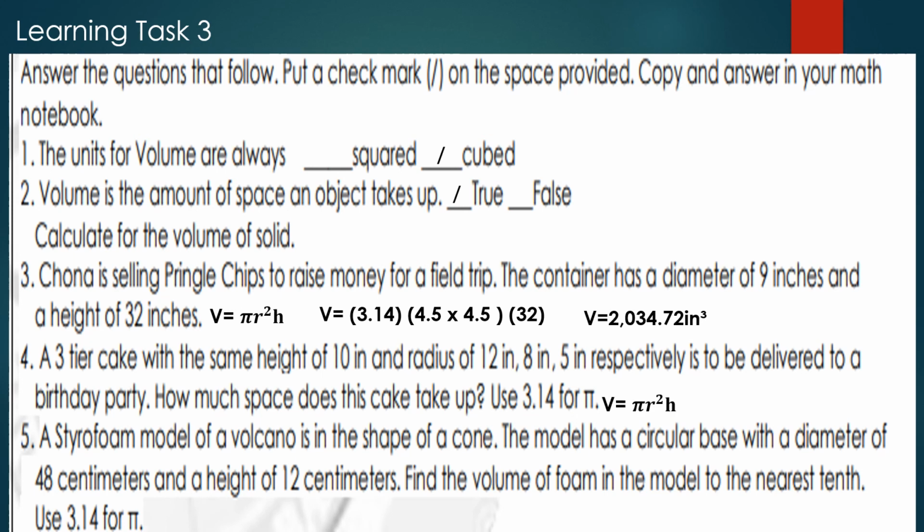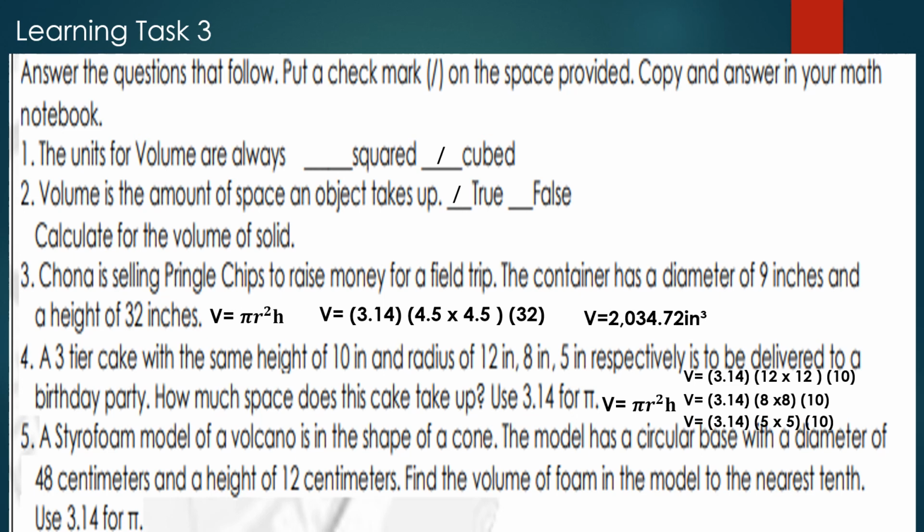So, ang formula natin ng cylinder is pi r square times the height. Ang gagawin ninyo, mumultiply ninyo 3.14. Yung unang layer ay 12 times 12 times 10, kasi 12 ang kanyang radius. Sa ikalawang layer, 3.14, 8 times 8 times 10.